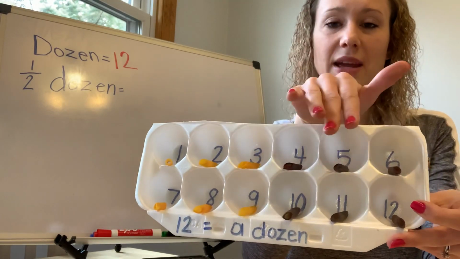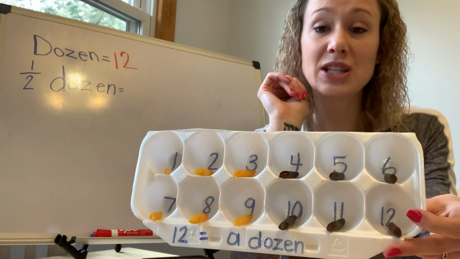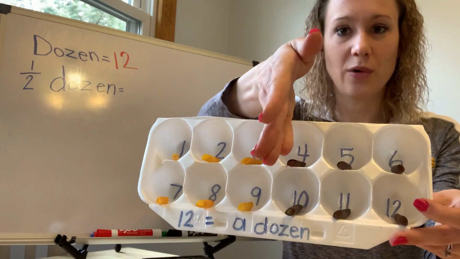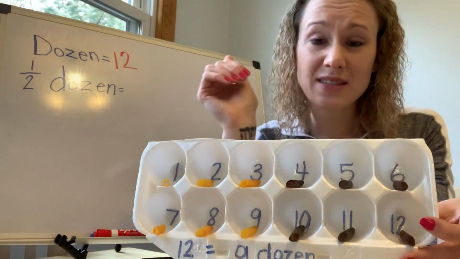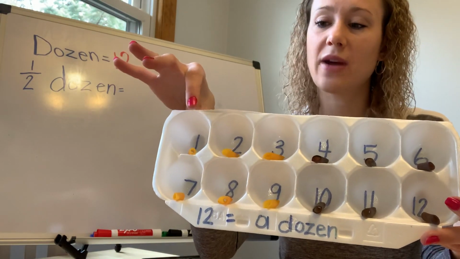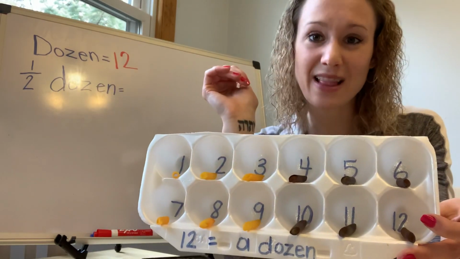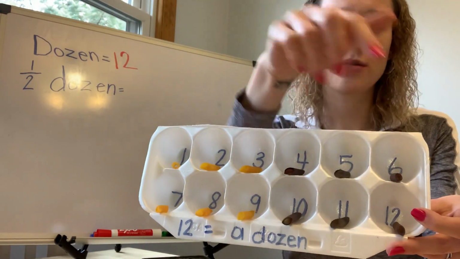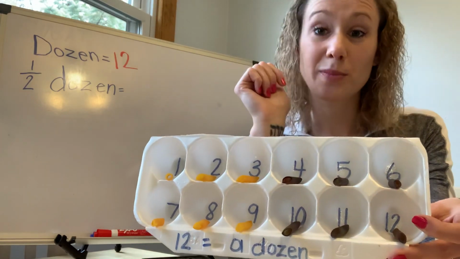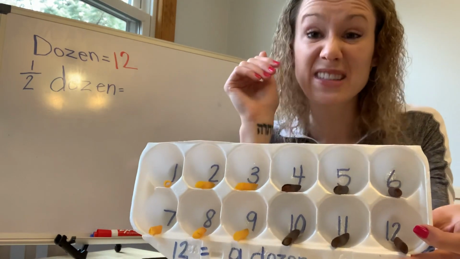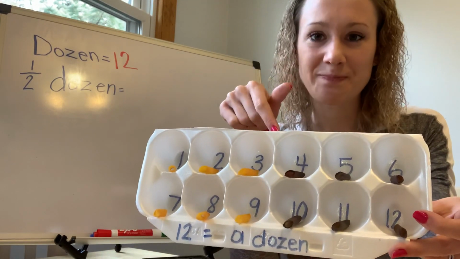And so right here with my dozen noodles, with the way I put my colors, I have a line of symmetry right down the middle. So I have 1, 2, 3, 4, 5, 6 yellow noodles and 1, 2, 3, 4, 5, 6 purple. It is a line of symmetry because both sides are exactly the same.